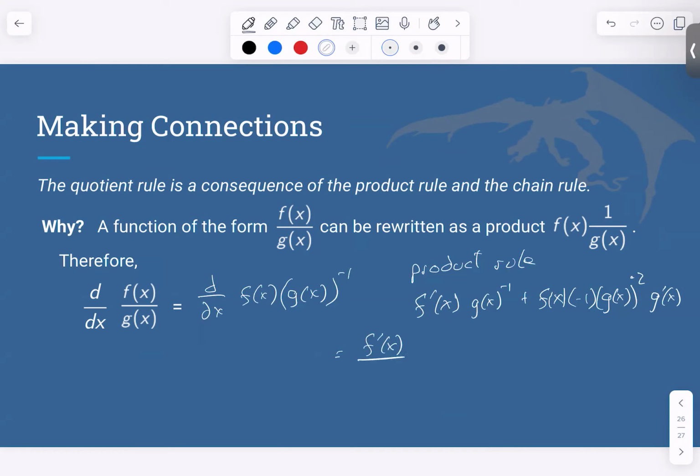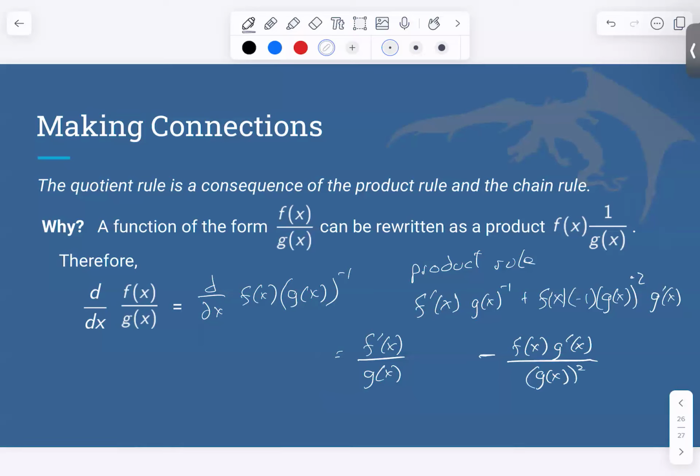And I'm going to put this where it should go. So g of x is in the denominator because it has negative 1 power, plus I got a negative. So I want to put the negative f of x g prime of x divided by g of x squared.